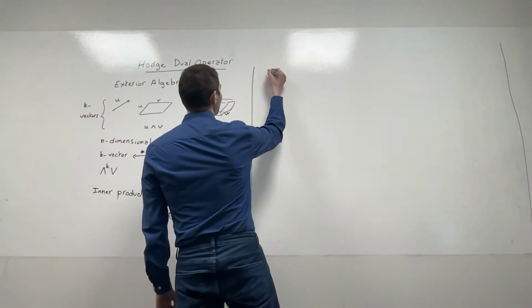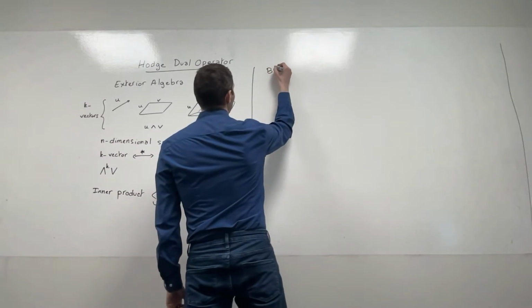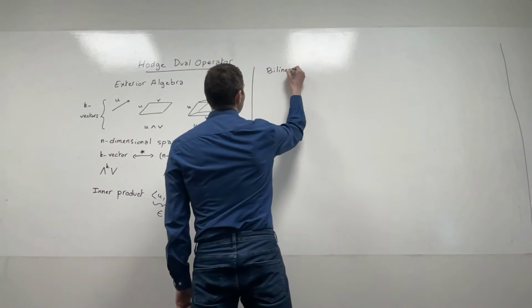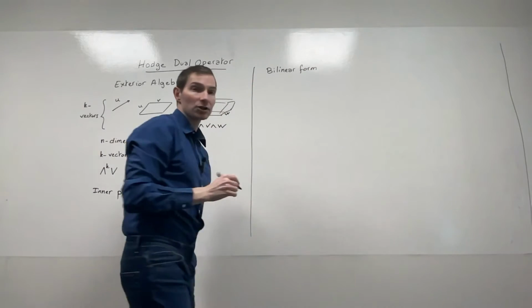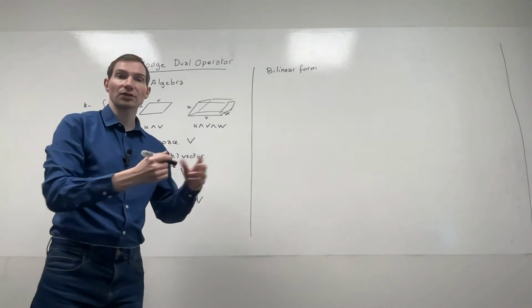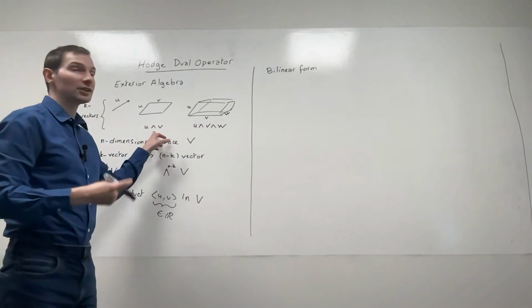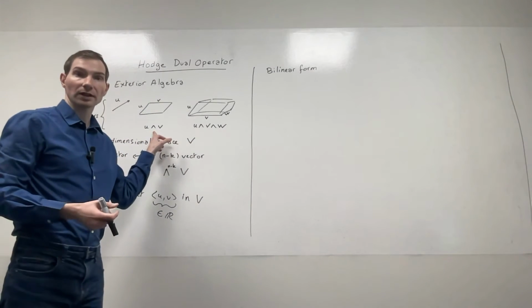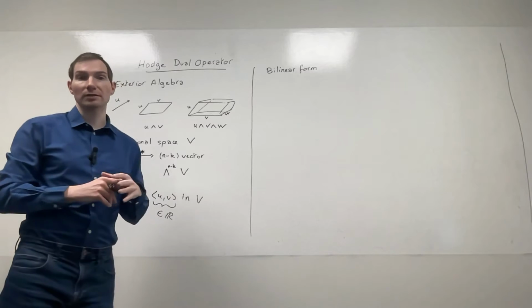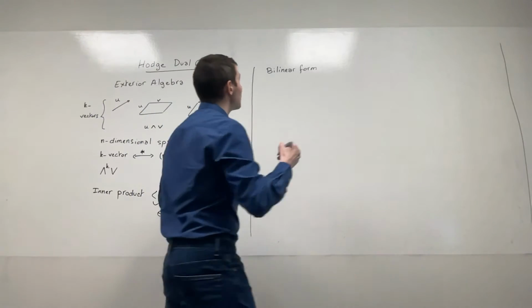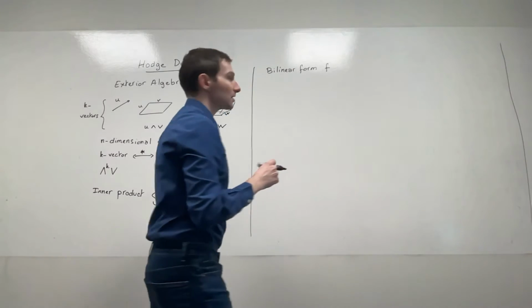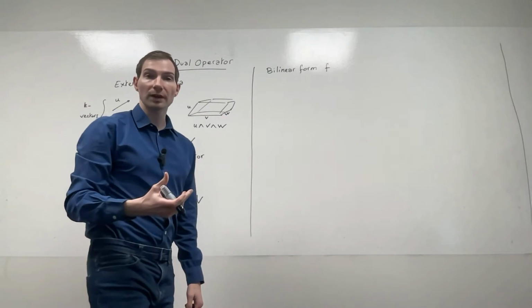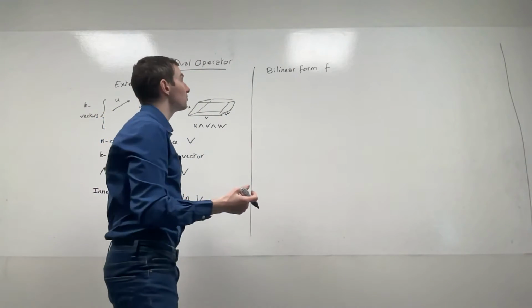So I'm going to call it basically a bilinear form. It's an actual form that is going to take in two k-vectors, and then it's going to return a number. So it's a bilinear form that I'm going to call F.